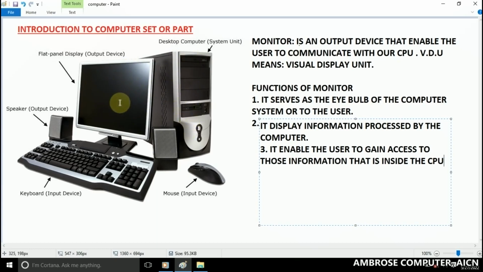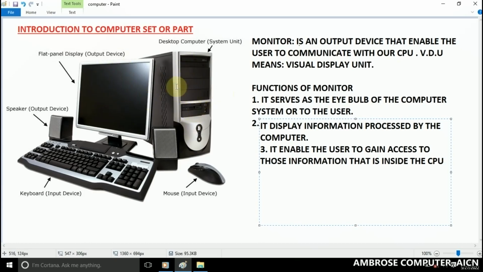So this one is not really the main computer. This one is the main computer. Every single thing that is being processed is processed inside what we call the CPU.